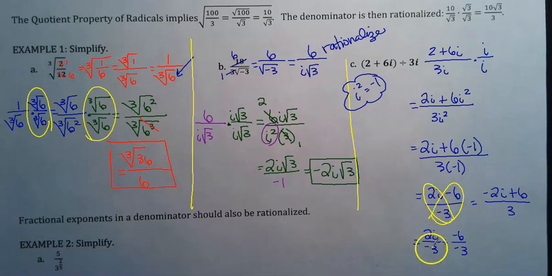So then this would leave us with negative 2/3 i, and then negative 6 divided by negative 3 is a positive 2. So negative 2/3 i plus 2 would be the best, most simplified answer there.